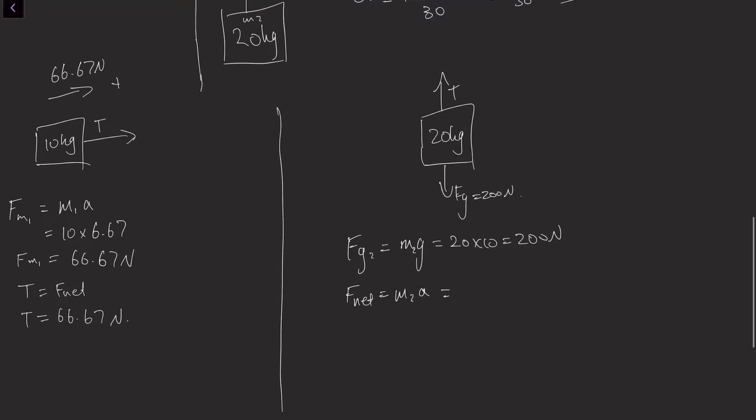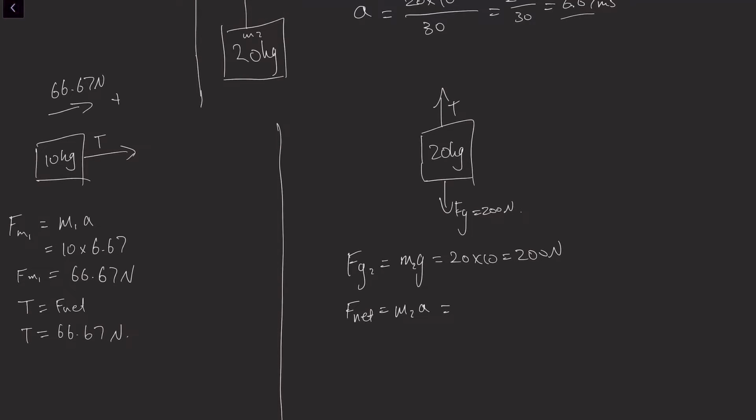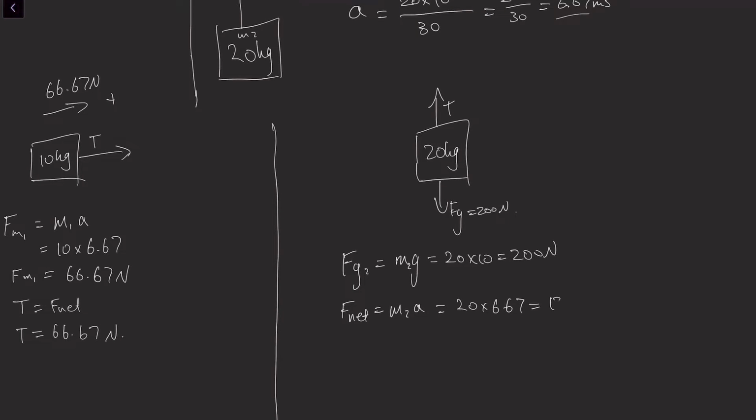We know what the acceleration of this whole system is. We know how fast each of these blocks are actually moving. So it's 20 times 6.67. And if we evaluate that, that will give you 133.4 newtons positive, which means, again, it's going down, 133.4 newtons because we defined this to be the positive direction.